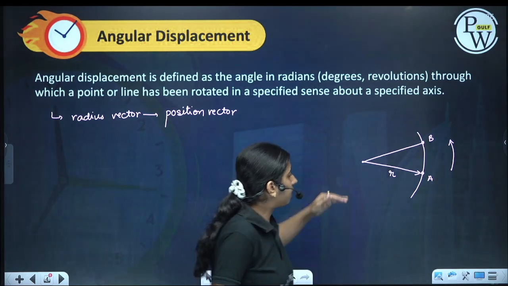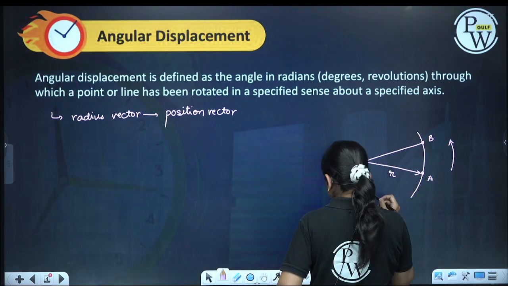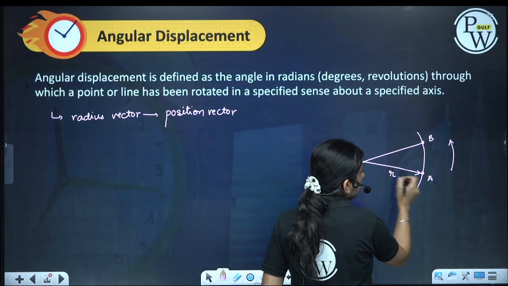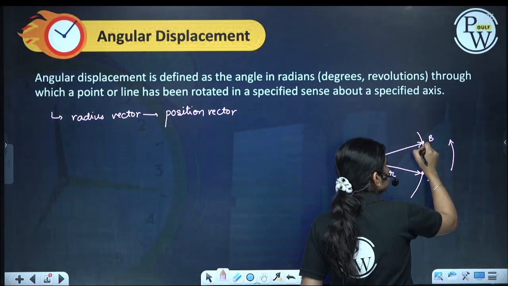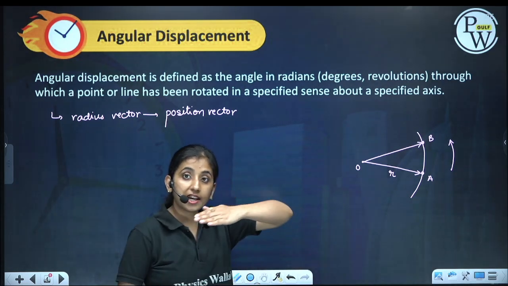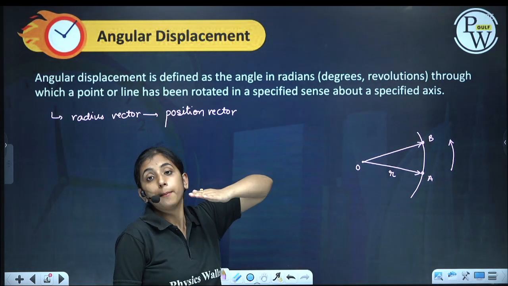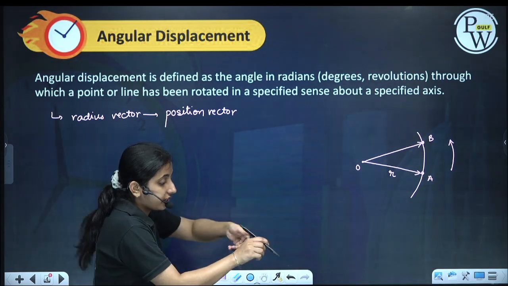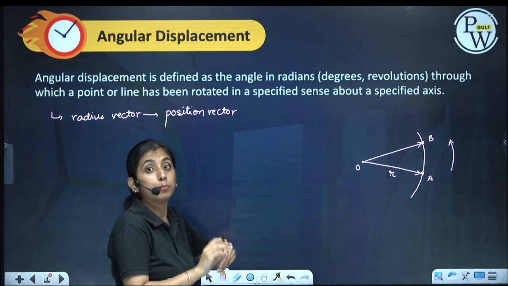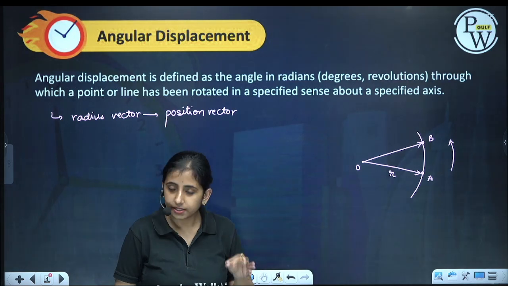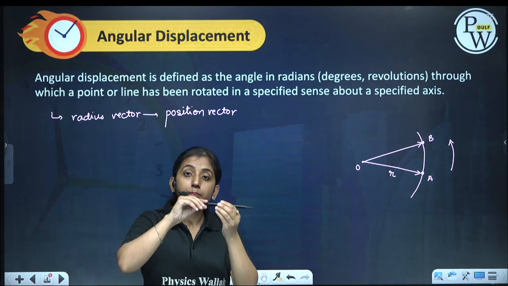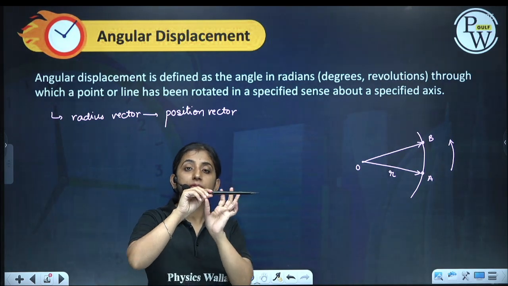So from OA, this will be a position. Now the position has changed to OB. So what has happened to the change in position? The magnitude of r is not changing, r is rotating. The position vector is rotating. In a circular motion, the magnitude of the position vector is not changing.